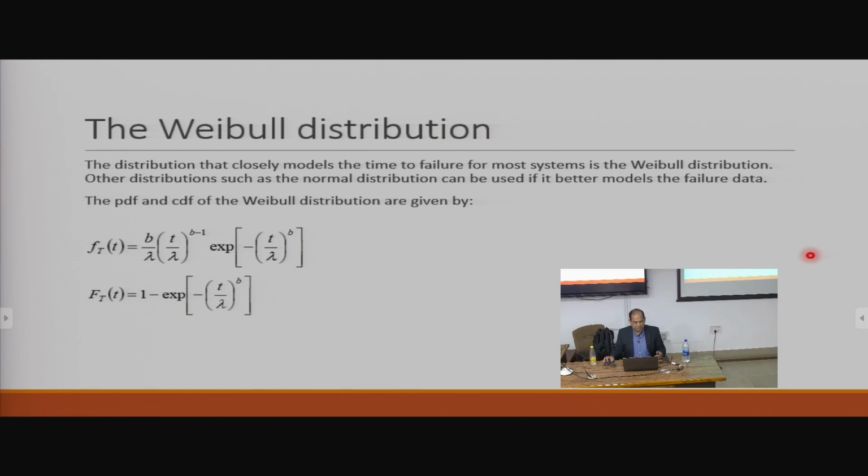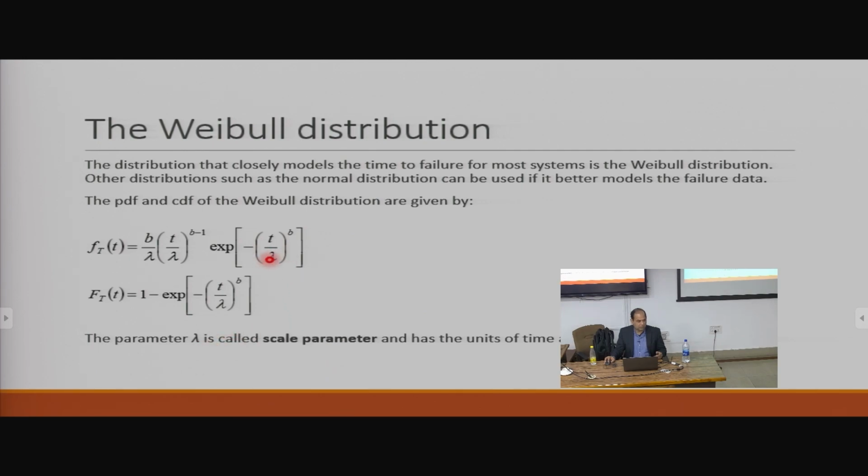So here's the PDF and CDF of the Weibull distribution. On the top you have the PDF, and on the bottom you have the CDF. Lambda is called the scale parameter and has the units of time, and B is the shape parameter, right? So you normalize time with this lambda.